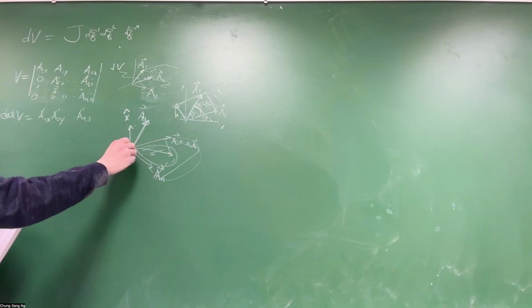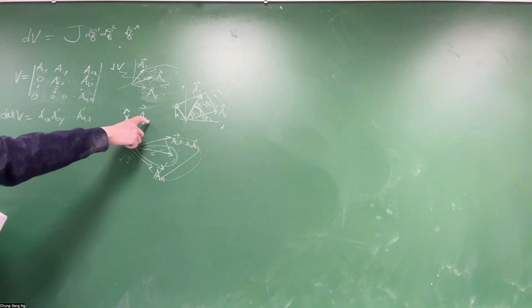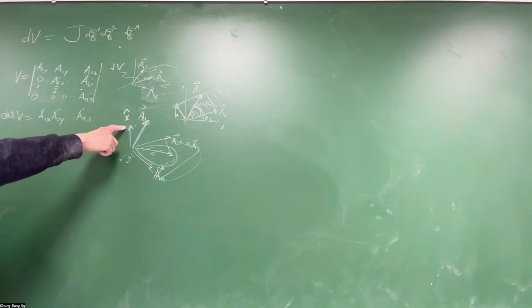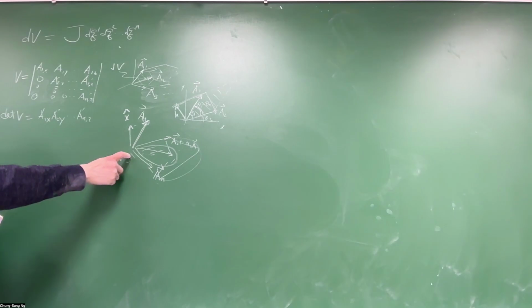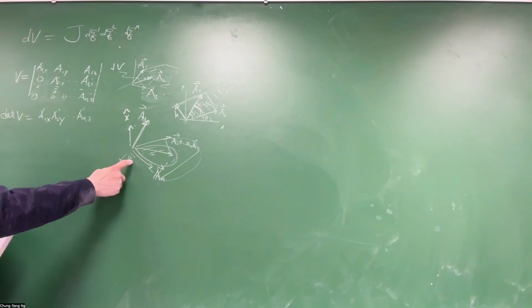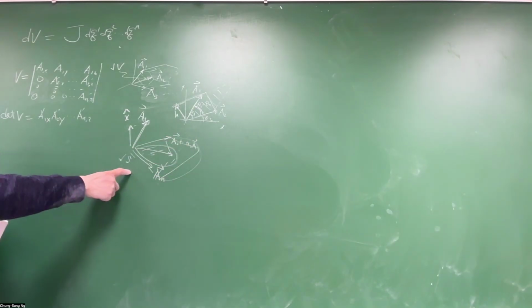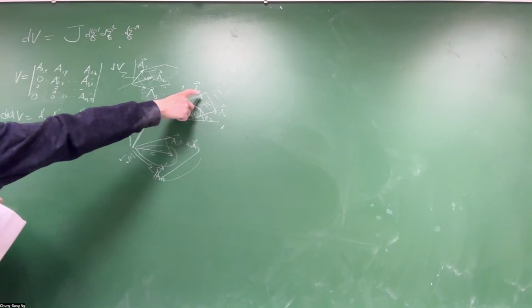It has components on this area also, but the volume involves just a1 projected on the x, multiplied by this hypervolume. All the other components are not involved in calculating the volume, because these are parallel to this area, and all the parallel components don't contribute to this hyper area.